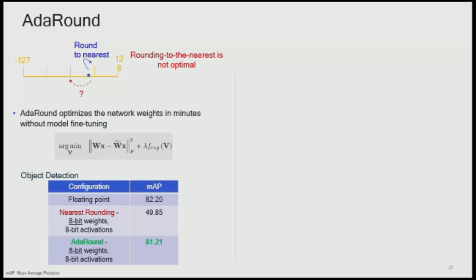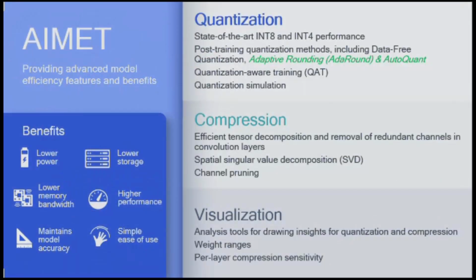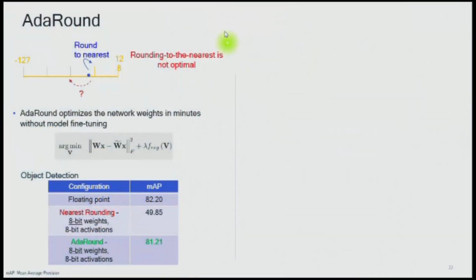For example, from 82 mAP to 49 mAP. Here Qualcomm provides a so-called AdaRound, where we're not just considering the reconstruction between the quantized weight and the floating point weight, but we're also trying to learn where it should round to.